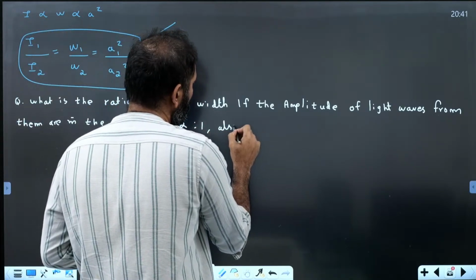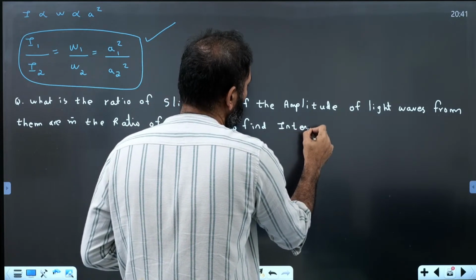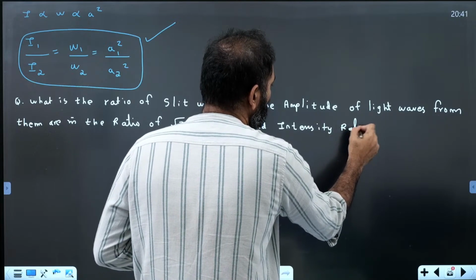Also find the intensity ratio. So this is the question.